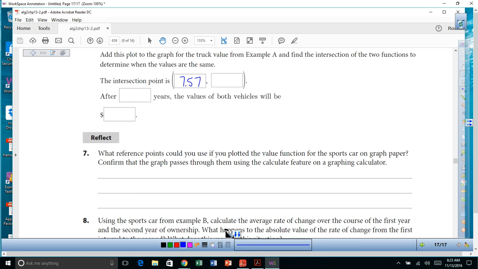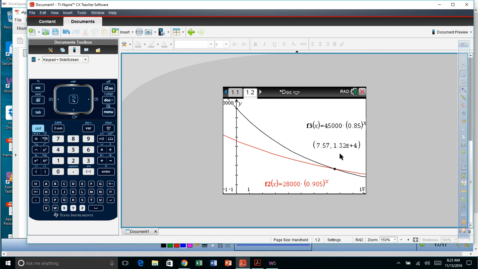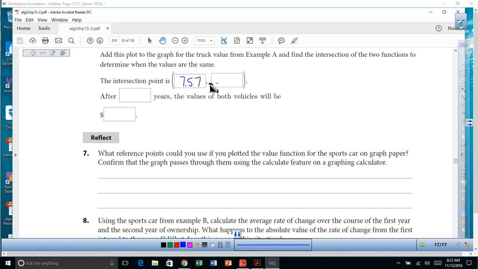And let's go back here, and that's plus 4, so that it's going to be 13,200. You got 1.32, and that's at e to the positive 4.